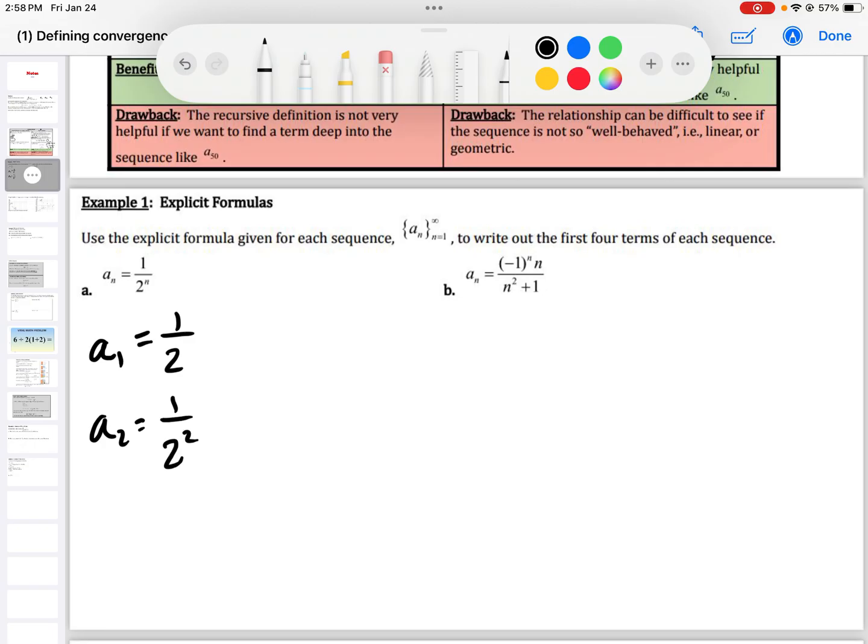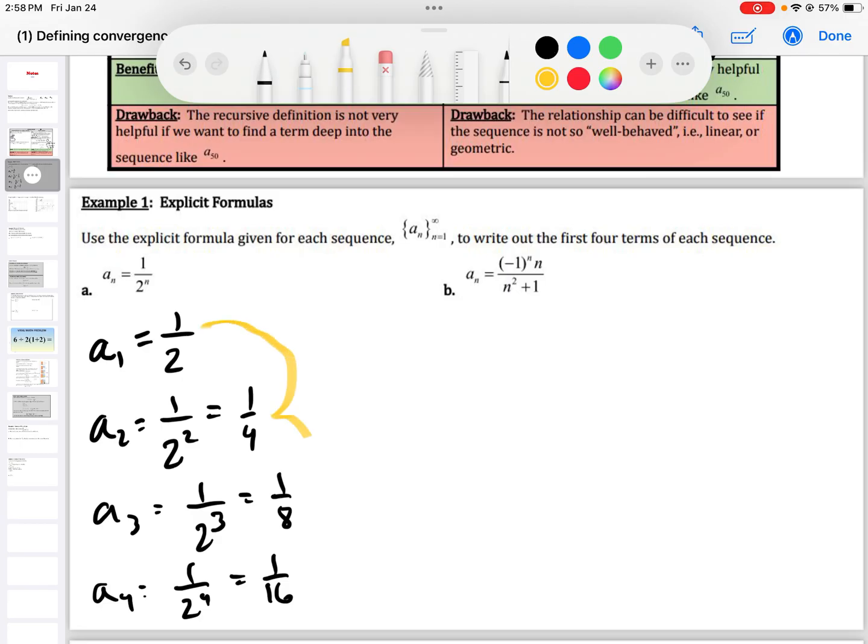The second term would be 1 over 2 squared, which would be 1/4. The third term, plug in 3 for n. This would be 1/8. The next term, plug in 4, 1/16. Okay, those are just the terms in the sequence. I could keep going on and on and on, but those are just the first 4.